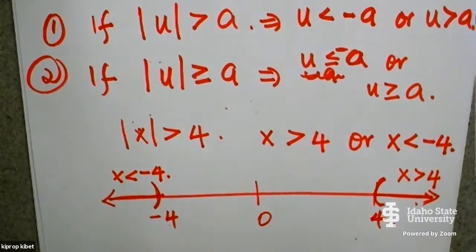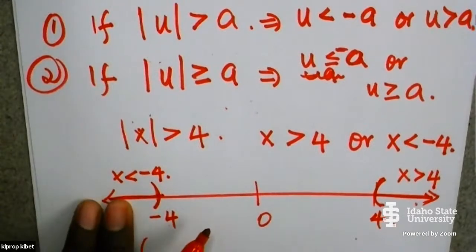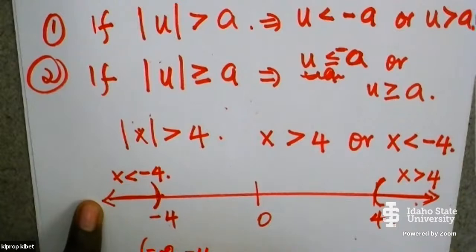So how should we represent this in interval notation? Parentheses, negative infinity, comma, negative 4, parentheses, union, parentheses 4, comma, infinity, parentheses.